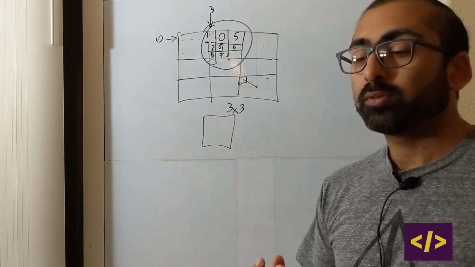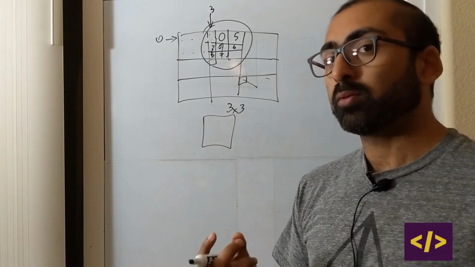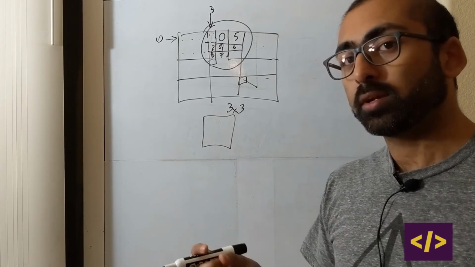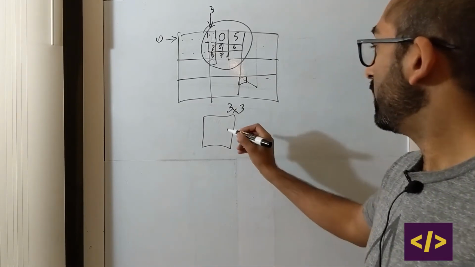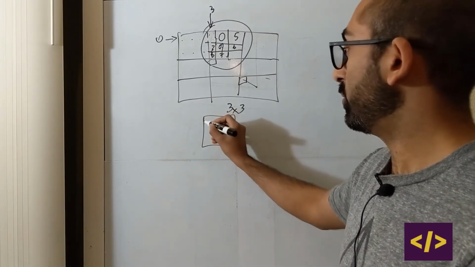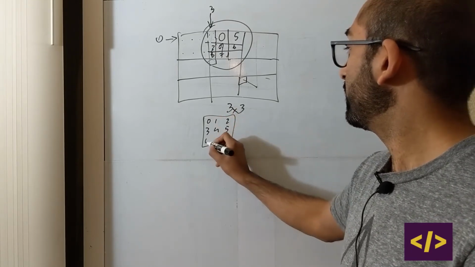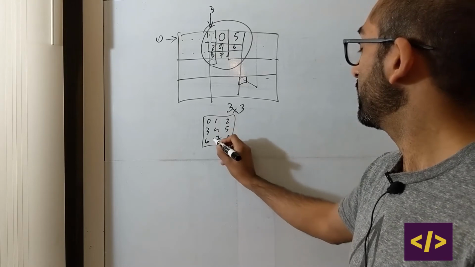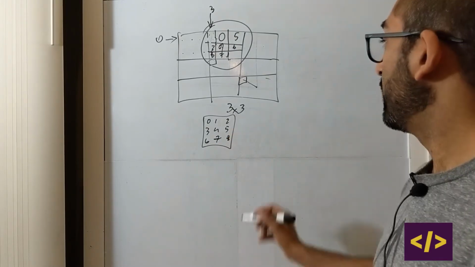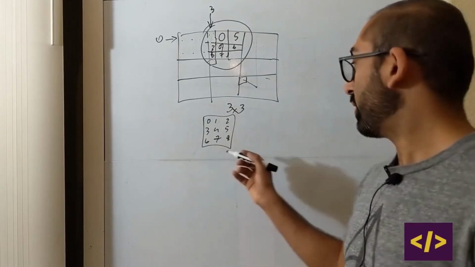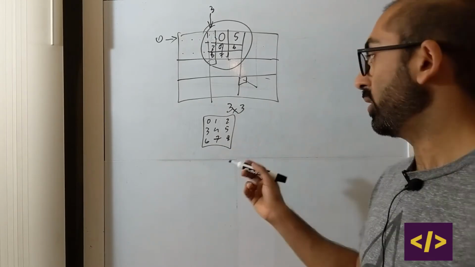Do you need two variables to be able to find out where you are in the grid? Not really. If, let's say, we're going to name the positions as 0, 1, 2, 3, 4, 5, 6, 7, 8. Alright? If I'm giving you a value 7, how do you find out where you are?